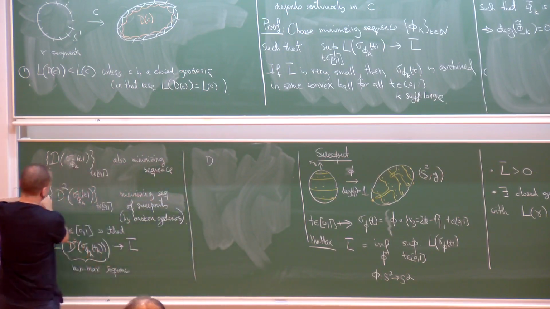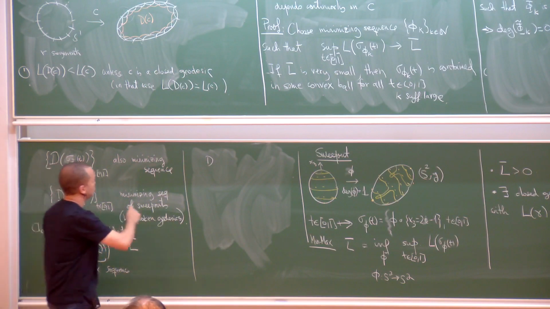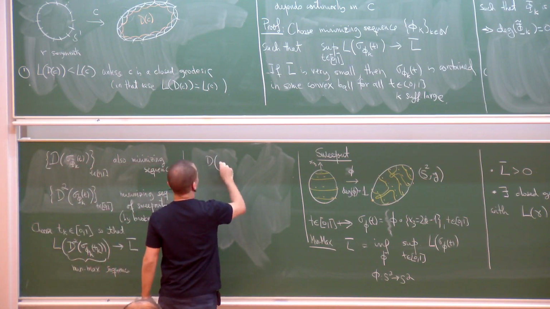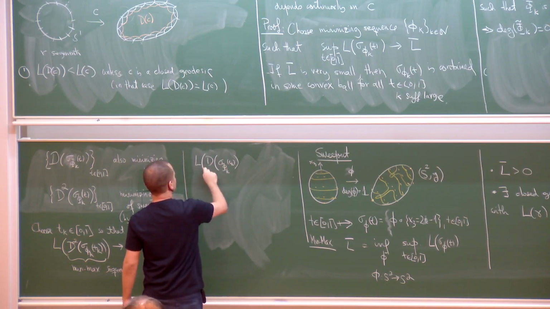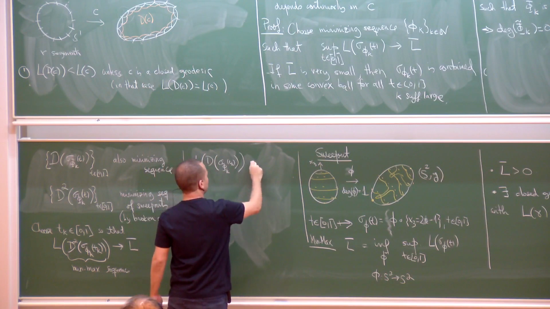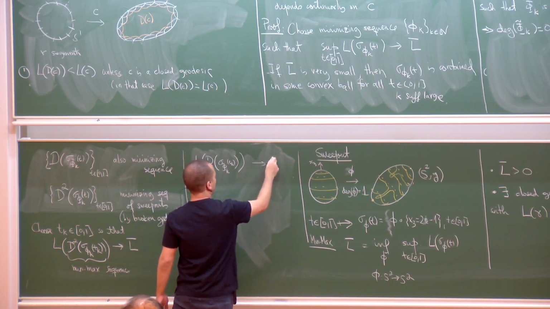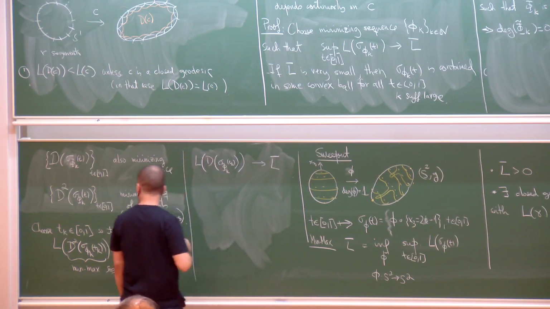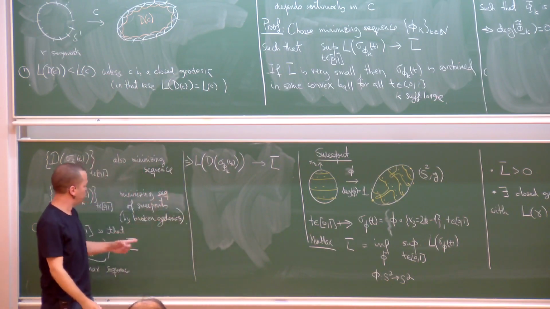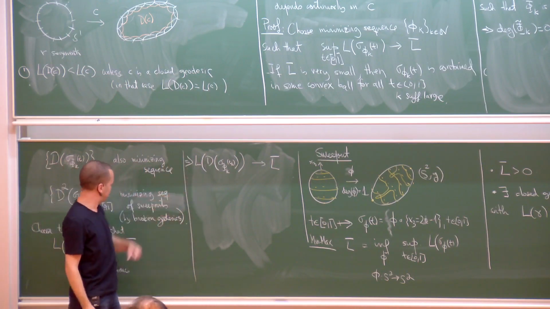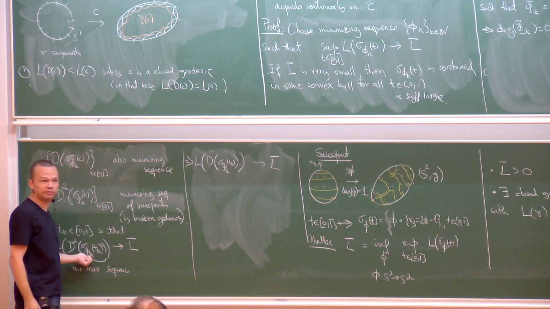So when I look at the corresponding curve in the previous family, D of sigma phi k of t_k, the observation is that the length of these also converges to L bar. So why is that? Well, of course, the length of this one is bigger than the length of this.